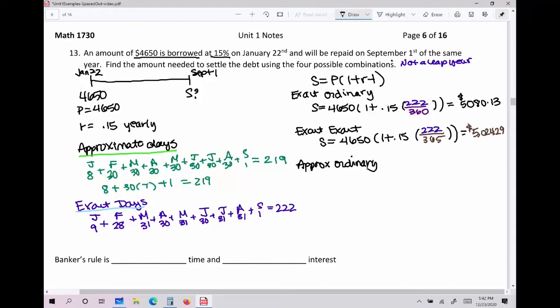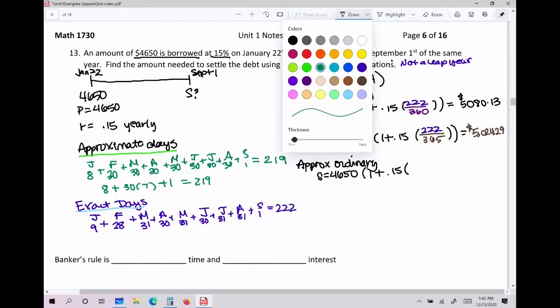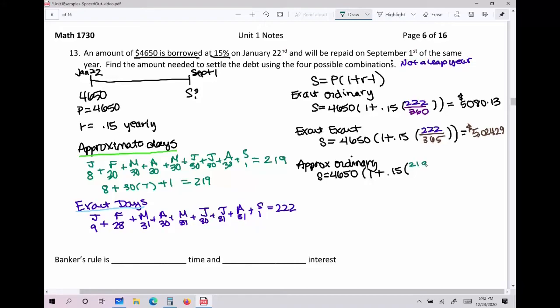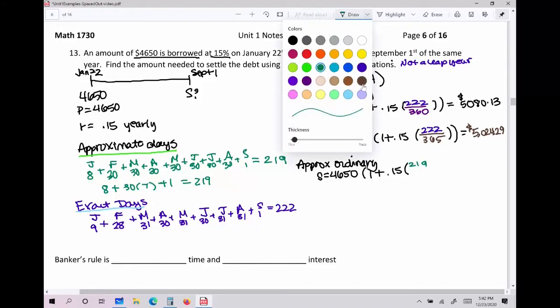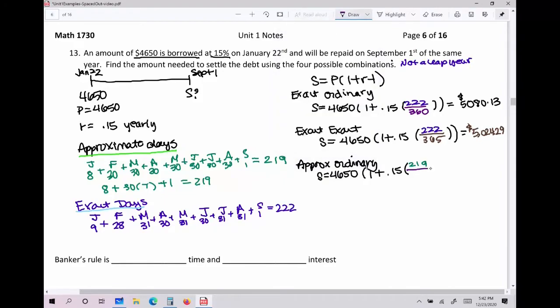Alright, now we're going to do it again. This time we're going to do it with approximate ordinary. So we start out the same way. 4,650 times 1 plus 0.15 times. And then here our numerator is our approximate number of days, so 219. And we're doing ordinary. So that's going to be over 360.